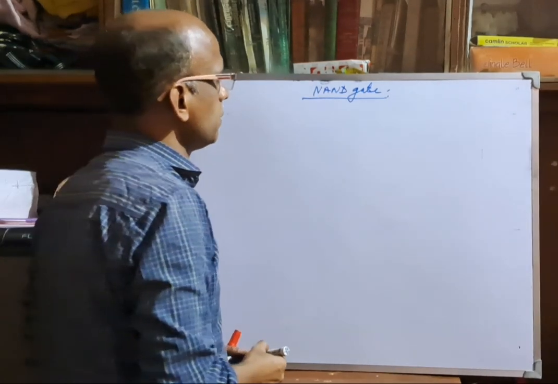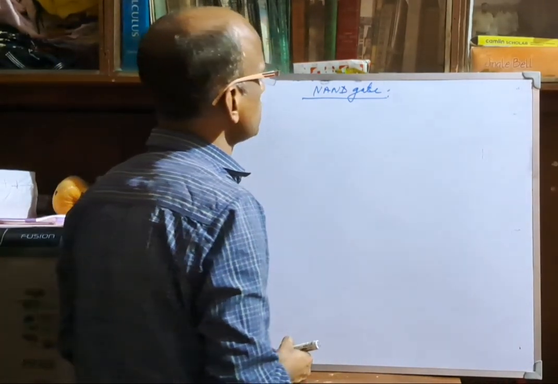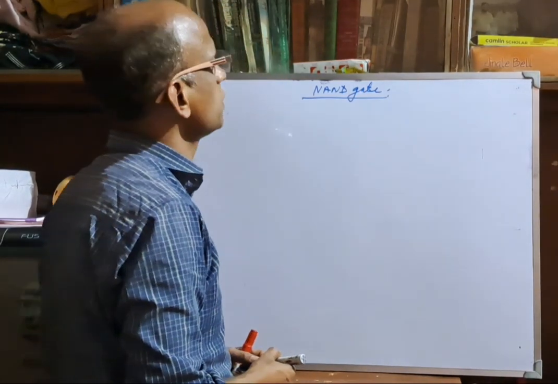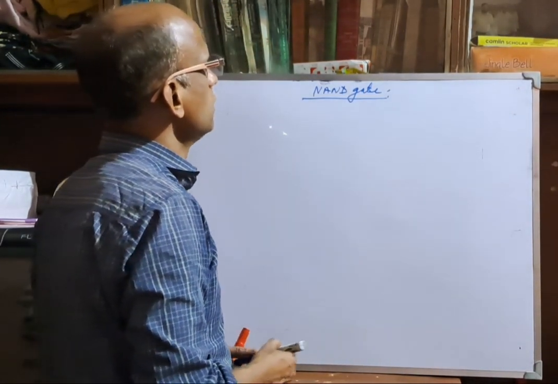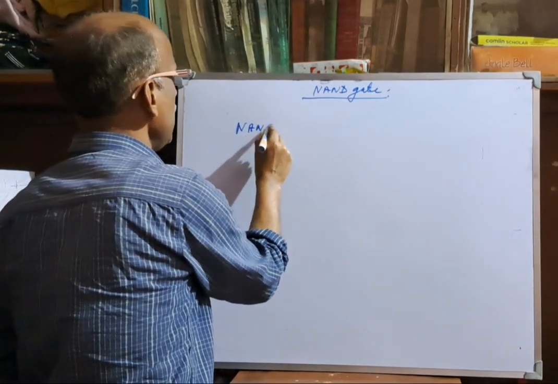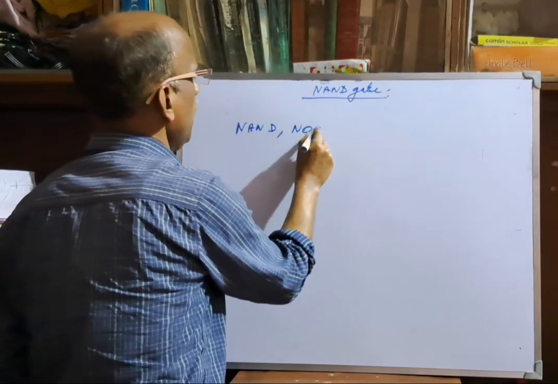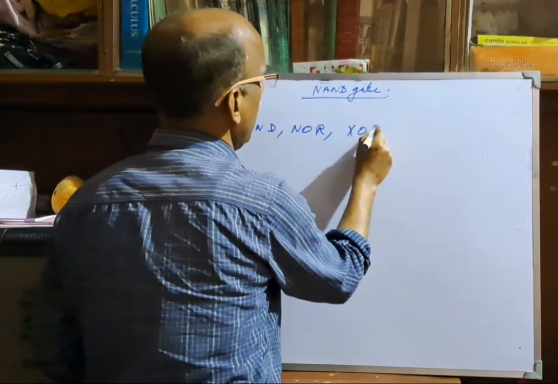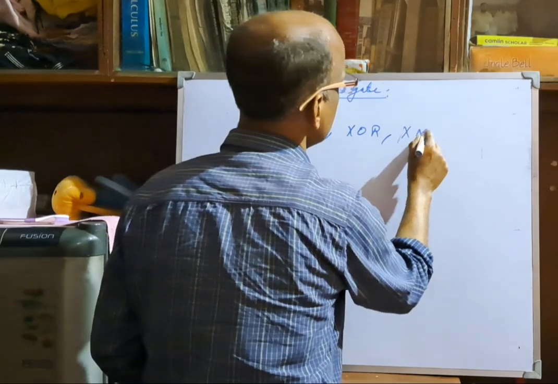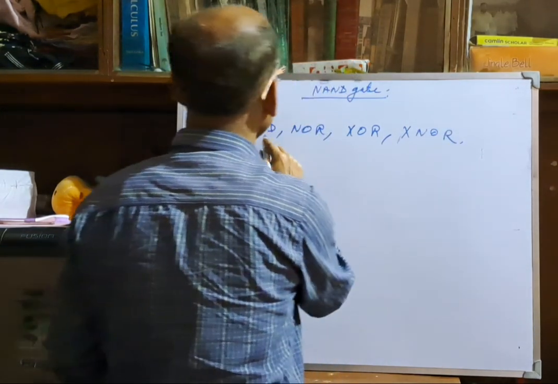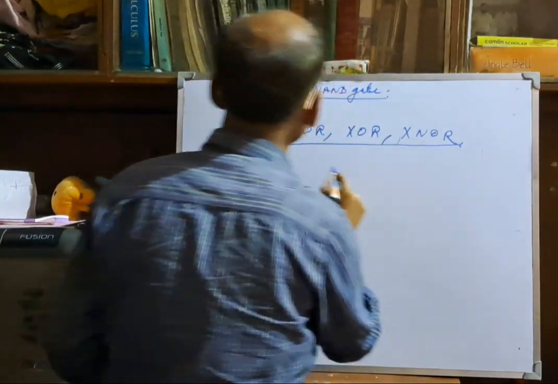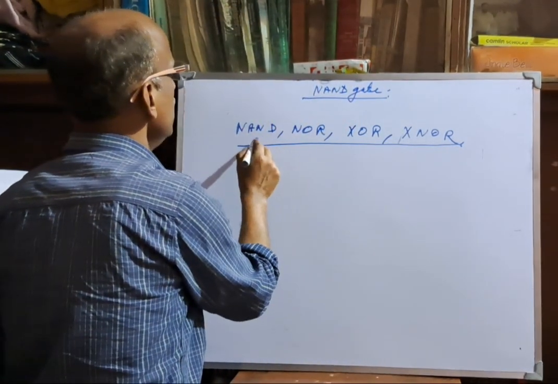Now I am closing the session. In the next session I will explain NAND, NOR, XOR, and XNOR. In the next session I will explain these four gates. A little bit I am making you understand these things here.